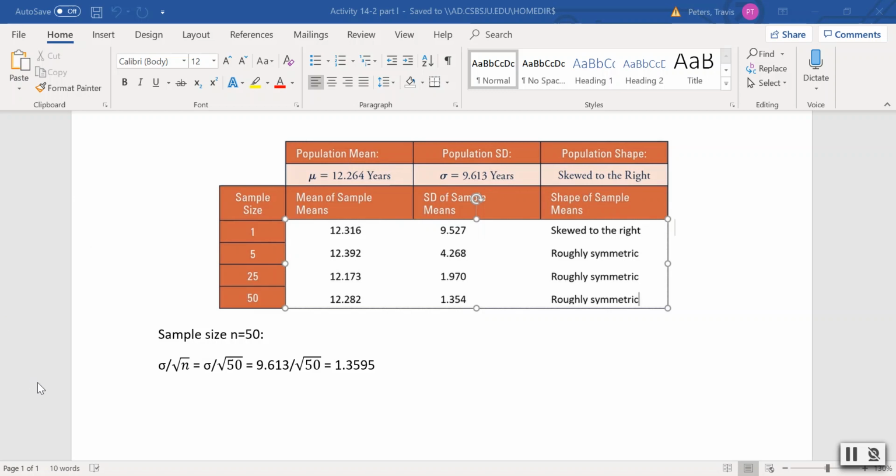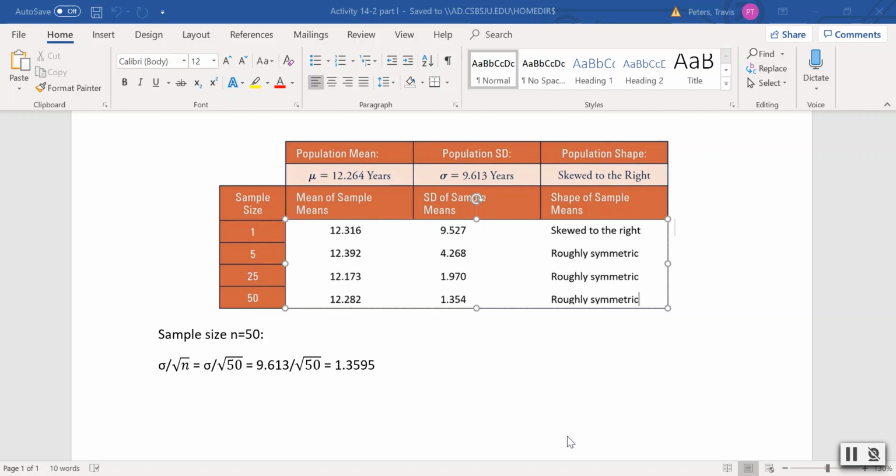Now, what the central limit theorem says about the standard deviation of the sampling distribution is that it should be equal to sigma over the square root of n. Here, sigma is the population standard deviation, 9.613. N is our sample size, and if we're considering a sample size of 50, we end up with this, 1.3595.